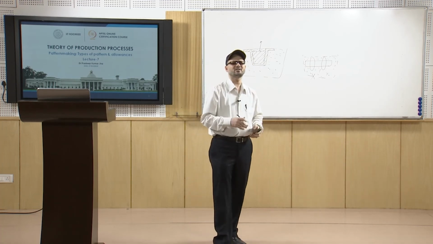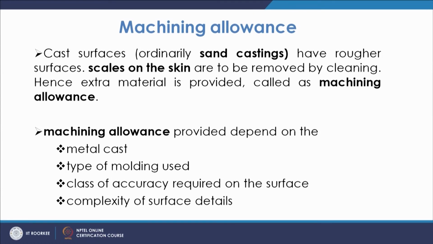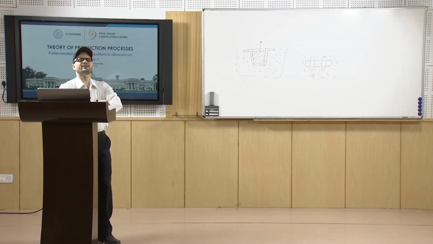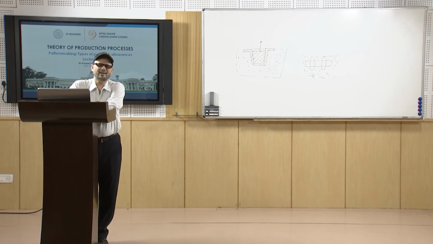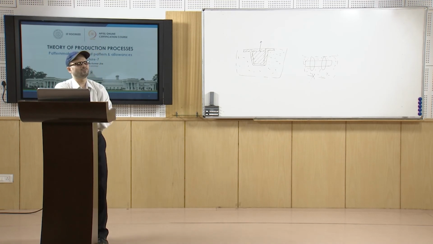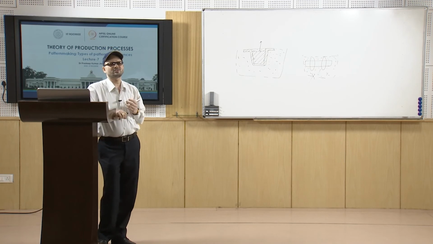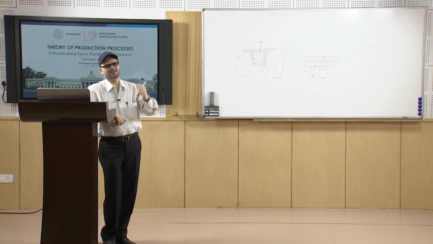The next type of allowance is machining allowance. As you know, you will have to machine the surface to get the actual surface finish of the casting which you desire. Normally, when you cast the material, scales form on the surface.